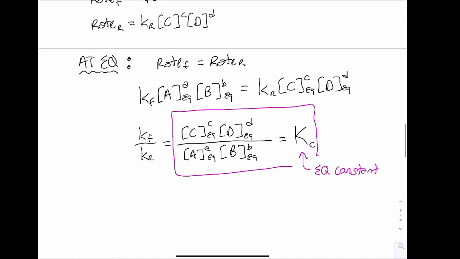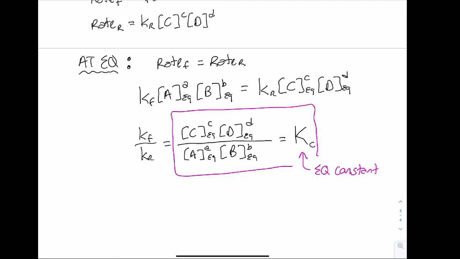So if we look at what we have, my equilibrium constant is equal to the concentration of my products, C and D were my products, raised to a power equal to their coefficient, over the concentration of reactants raised to a power equal to their coefficient. That gives me my equilibrium constant expression.